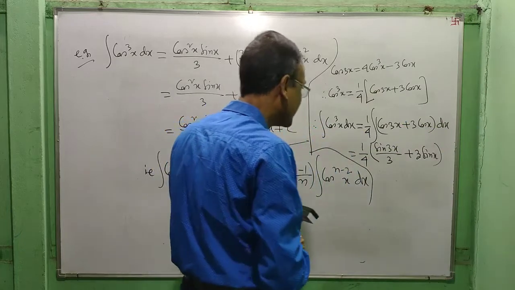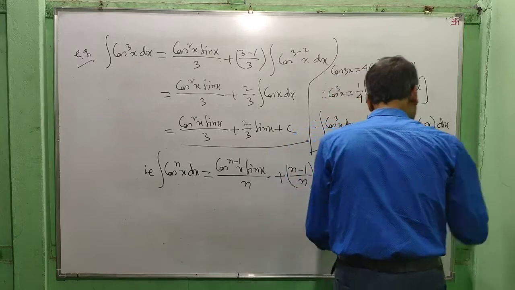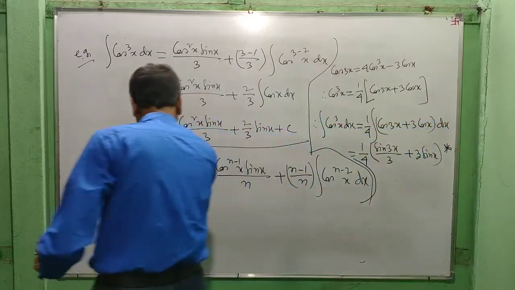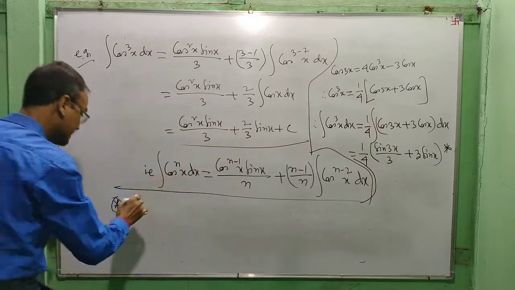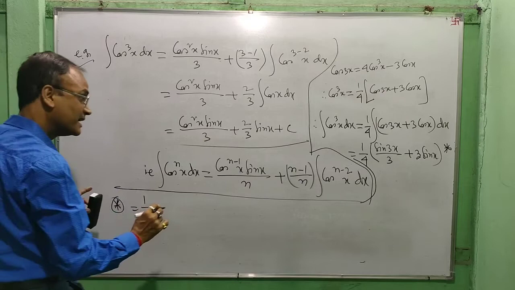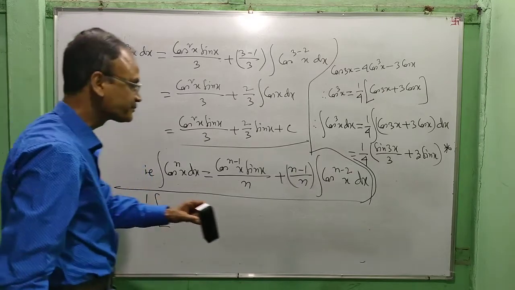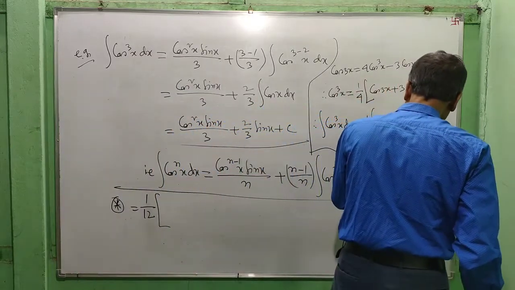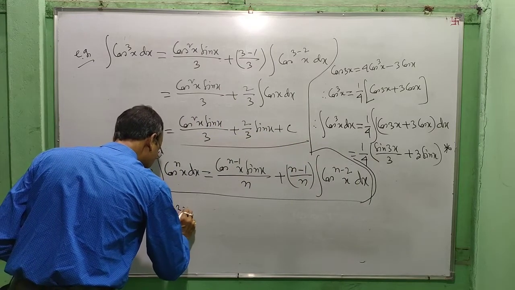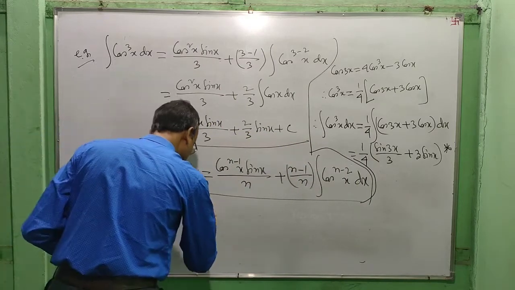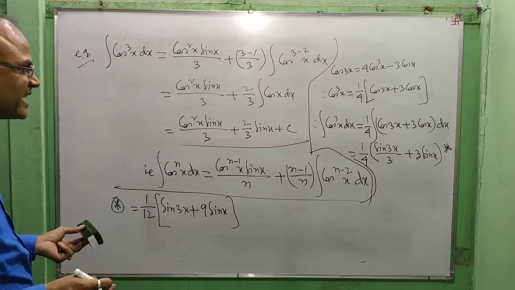We write this here: it is equal to 1 by 4, 1 by 12 (sin 3x plus 9 sin x).